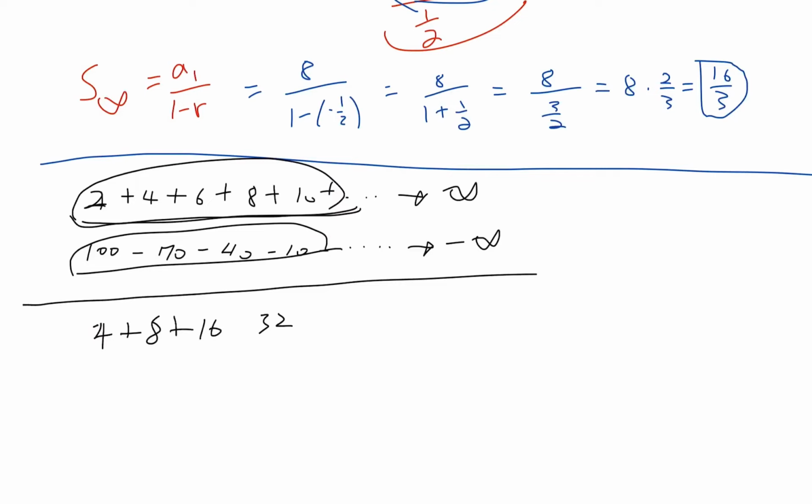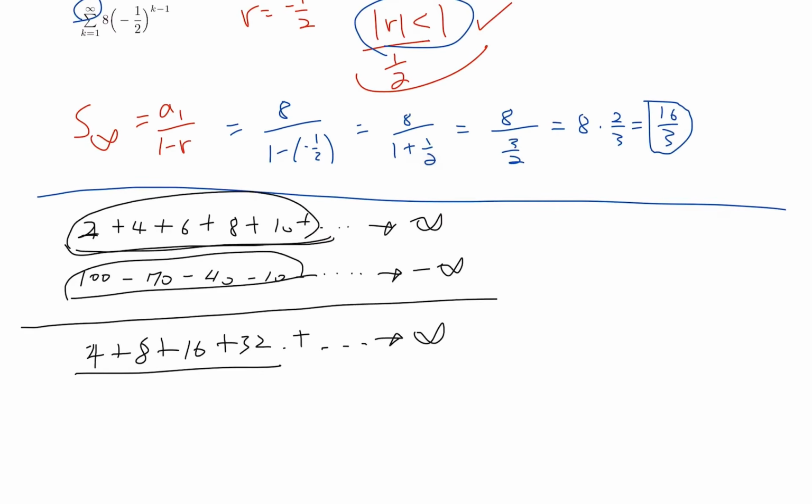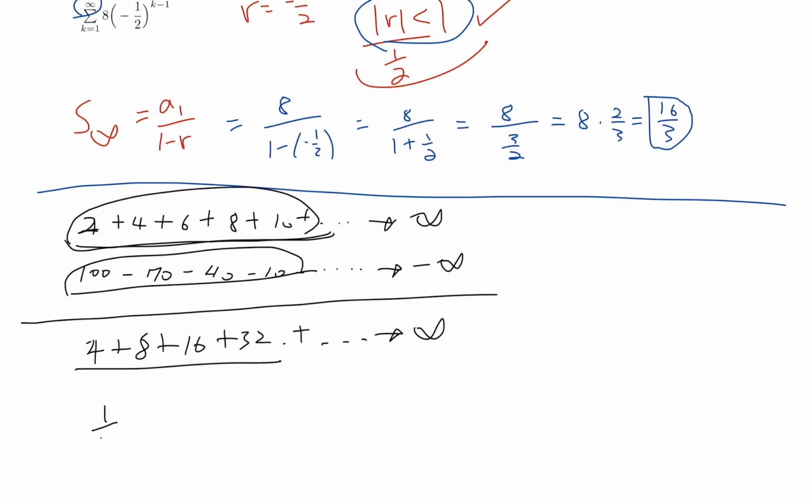If you add these, we'll keep adding bigger and bigger numbers, so this will go towards infinity. But if the common ratio is, for example, I briefly explained this in the first video, if I do half plus 1/4 plus 1/8 plus 1/16, this goes towards a number.